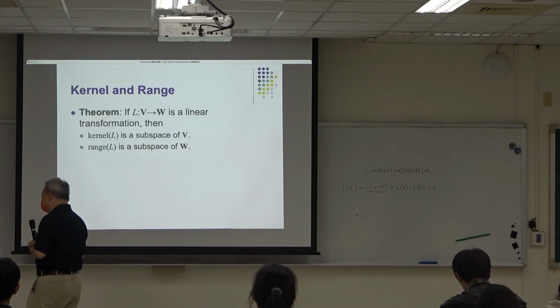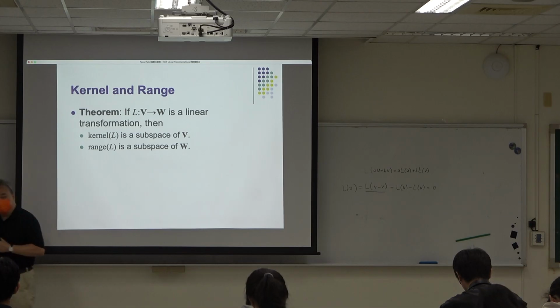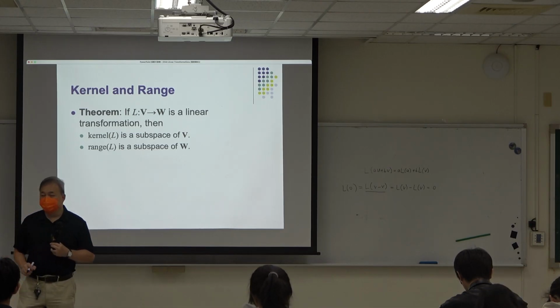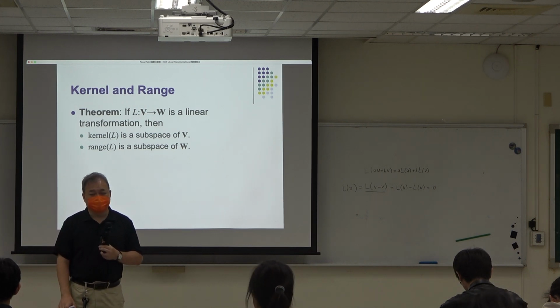Let's look at L(U plus V). Because L is a linear transformation, this becomes L(U) plus L(V), which is 0 plus 0, equal to 0.